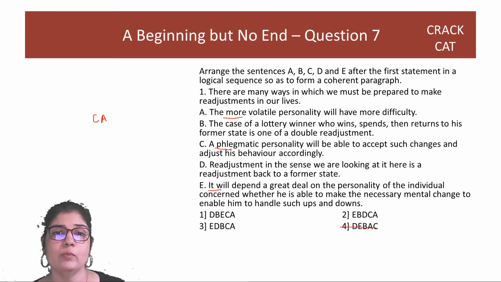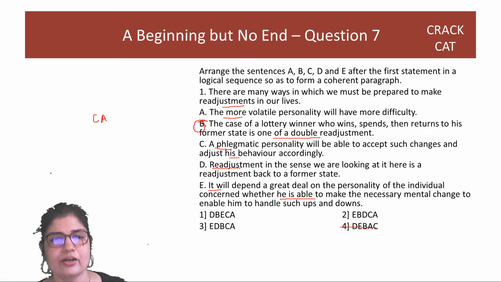We must be prepared to make readjustments. And what is readjustment? So D is defining that. Right? Then the case who wins spends and returns is one of a double readjustment. Then you have a pronoun will adjust his behavior accordingly, whether he is able to make the necessary mental change. So B has to come before all these other sentences that use pronouns.